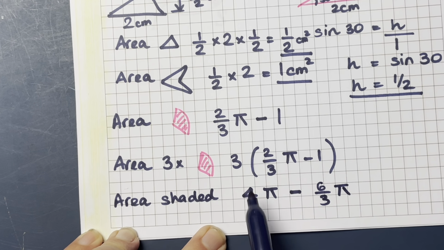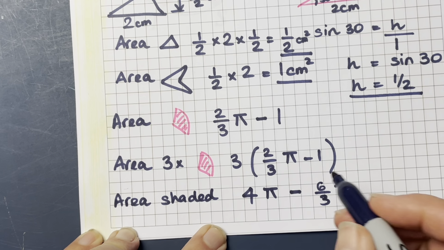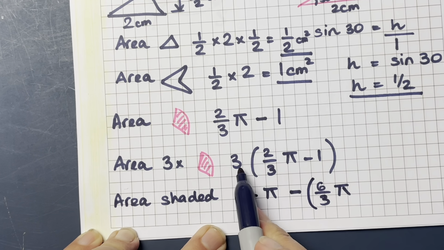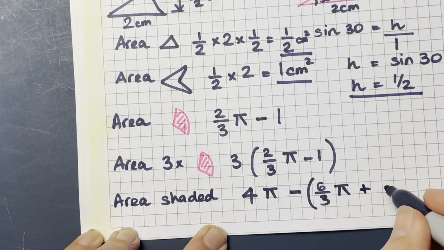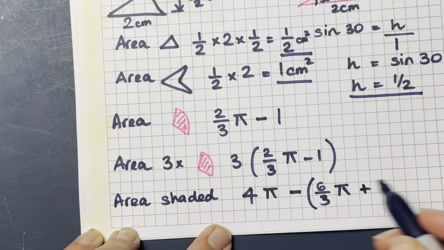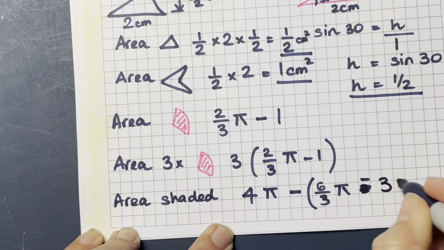Okay, and then I've got 3 lots of -1. So I'm subtracting 3 lots of -1. So if I'm subtracting a negative, that's the same as adding a positive. I've left the bracket in. So let's leave that like that. So it's a -3 at the moment.